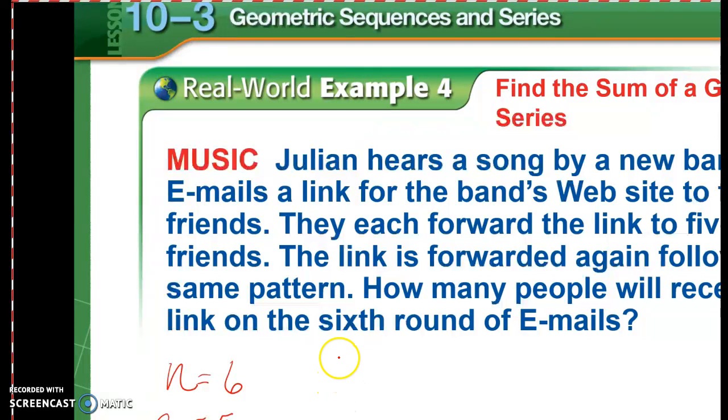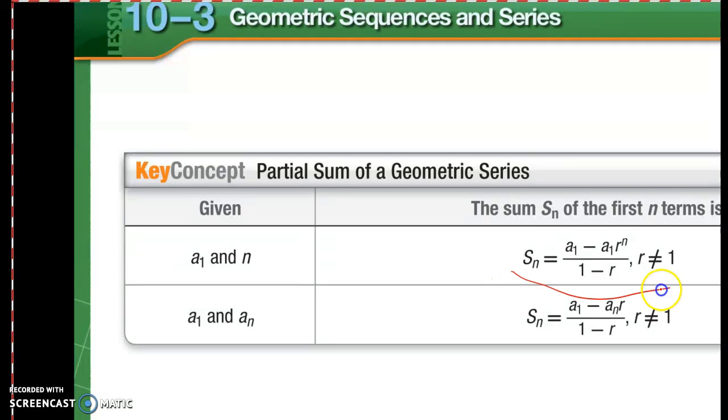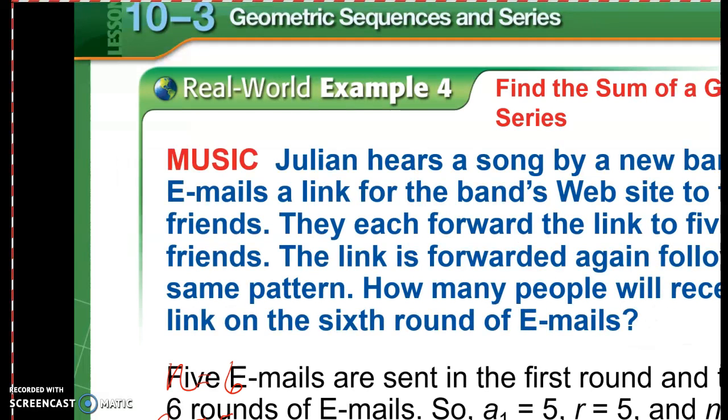So we're going to use this first equation here. So we have A1 is 5 minus 5 times 5 to the 6, because we want the first 6 terms, over 1 minus 5.